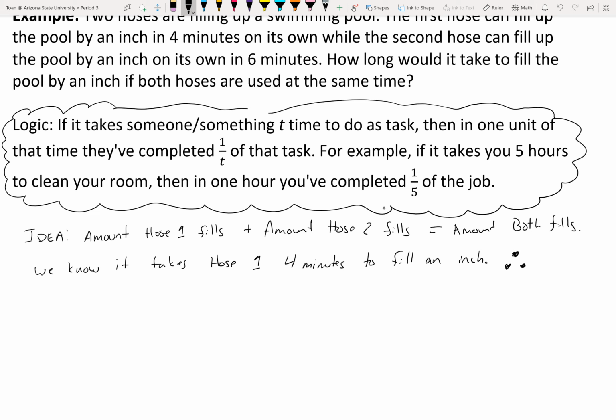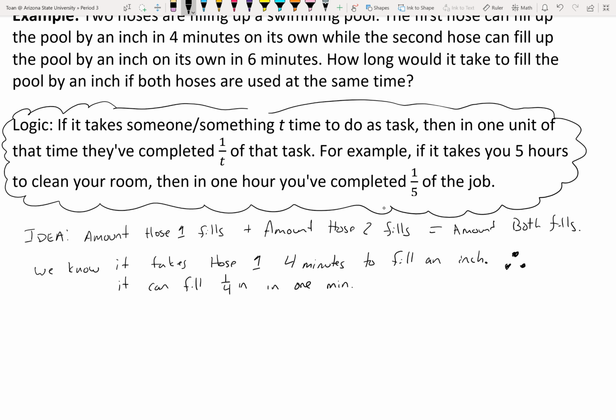If it takes hose 1 4 minutes to fill 1 inch, how many inches can this hose fill in 1 minute? 1/4. 1/4 of an inch. Does that logic make sense to everyone? Everyone okay with that? Therefore, it can fill 1/4 an inch in 1 minute.